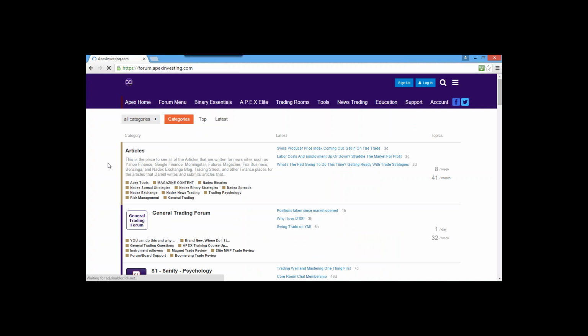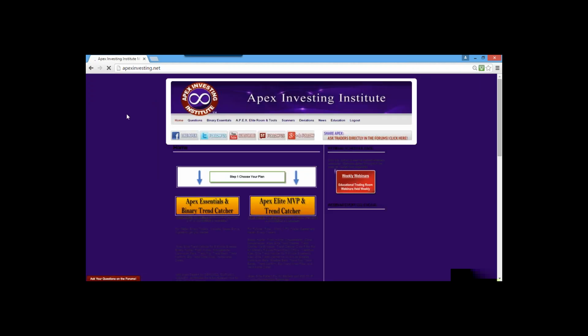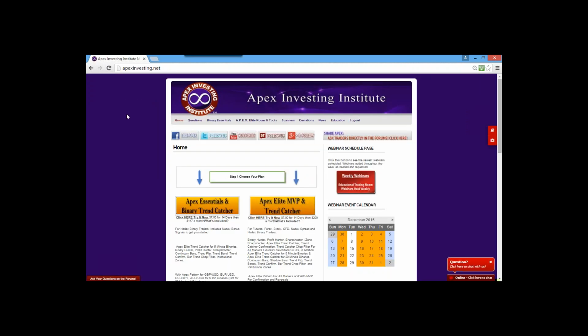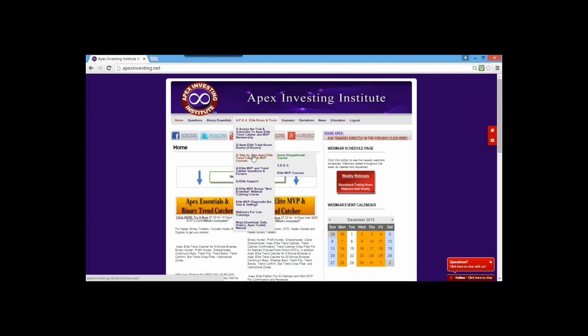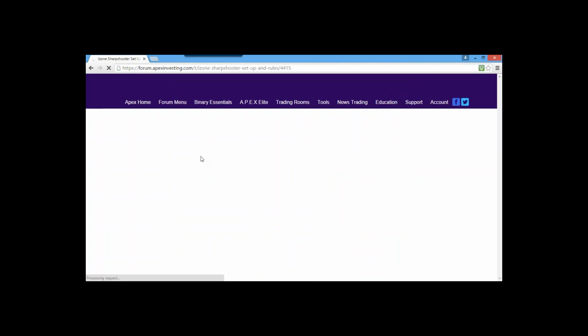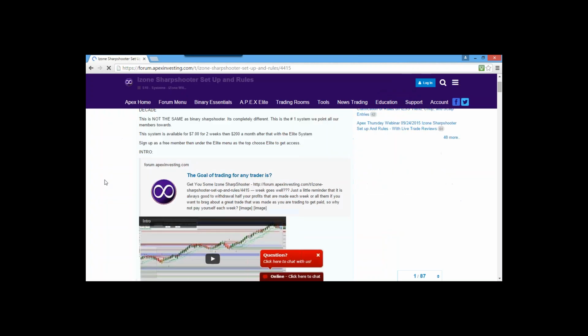If you want to see the way that we trade spreads, our number one way we trade them, go to this tab right here. Okay, Apex. Go to the third step down right here. It's called iZone Sharpshooter Course. This is the number one way that we trade pretty much anything, but especially spreads.